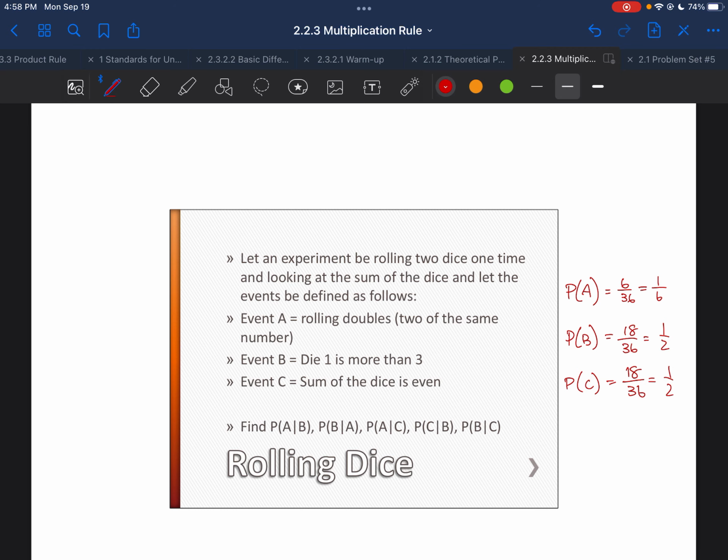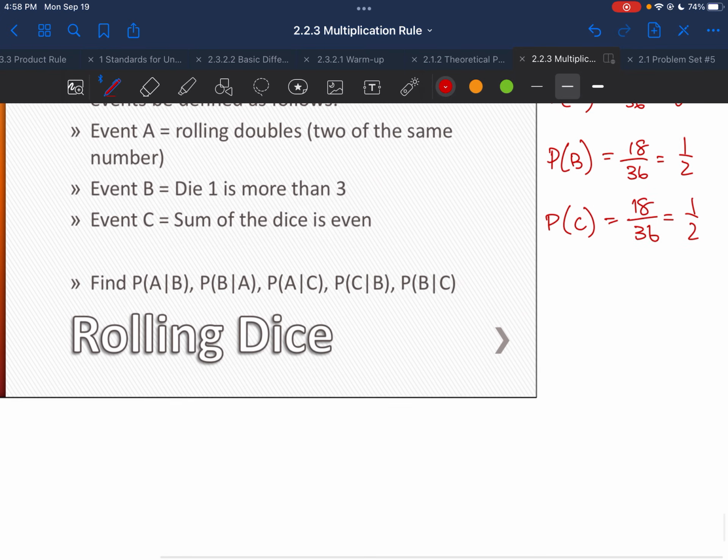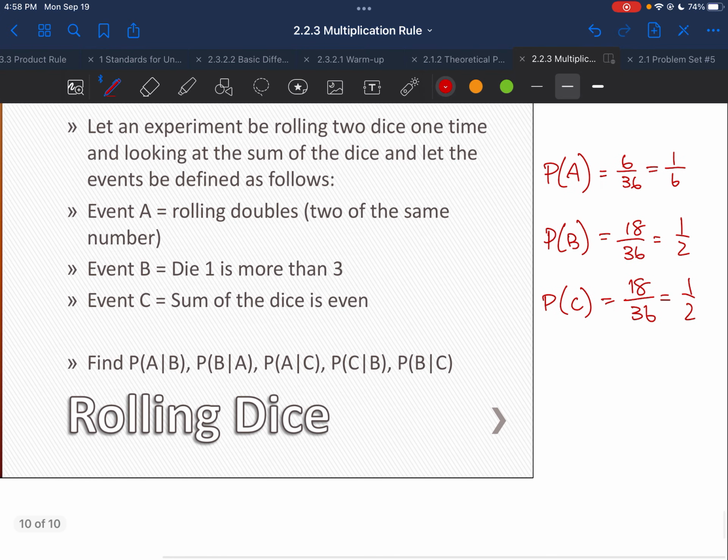All right. So now we're going to go ahead and find some of these conditional probabilities. And later on, we're going to talk about mutually exclusive events, independent events, and dependent events. And so we're going to need to make these comparisons with the probability of A. I think we already talked about independent events.